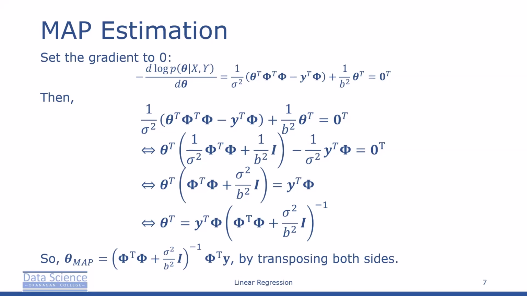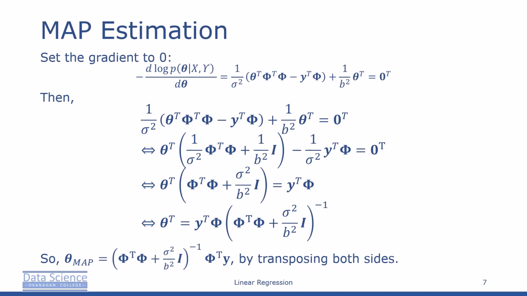Moving the last term to the right, we get theta transpose times (Phi transpose Phi plus sigma squared over b squared times I) equals y transpose Phi. Taking right inverses on both sides of the bracketed term, we get theta transpose equals y transpose Phi times the inverse of (Phi transpose Phi plus sigma squared over b squared times I).